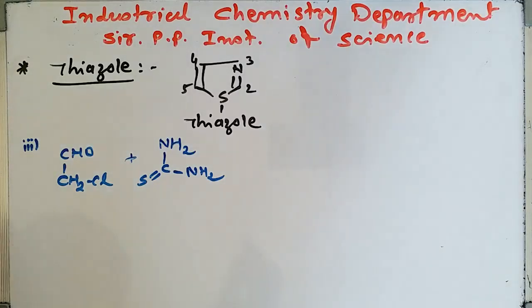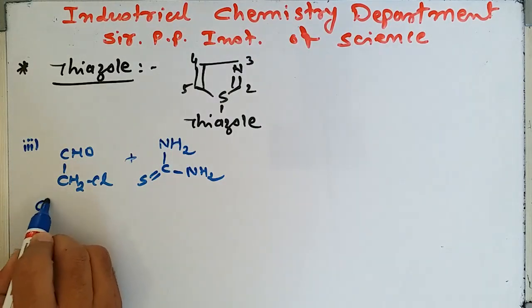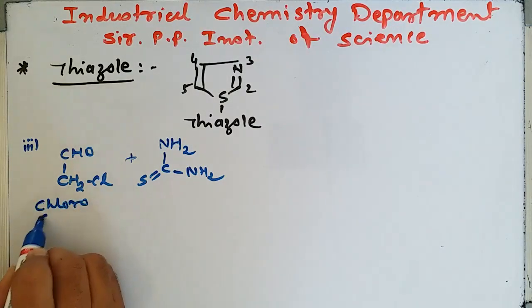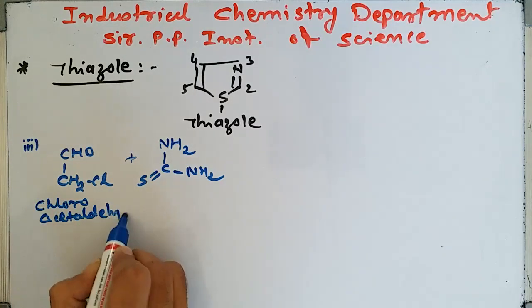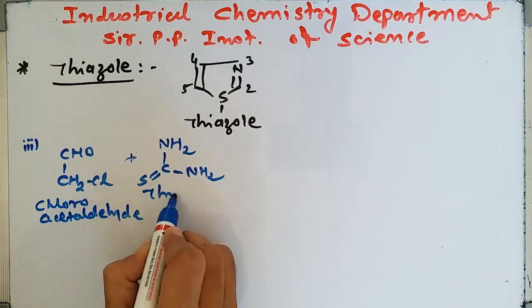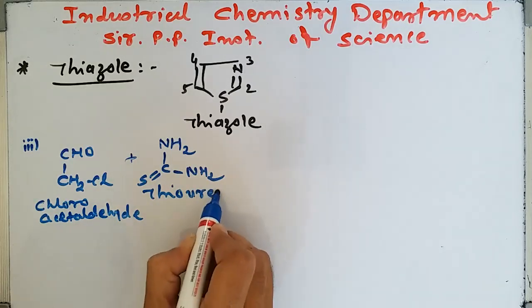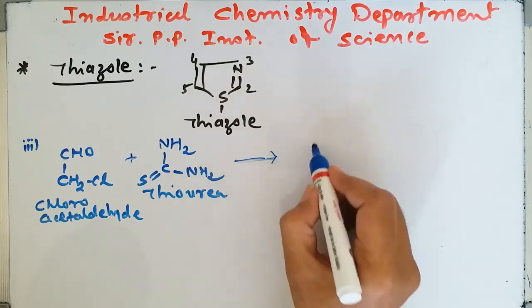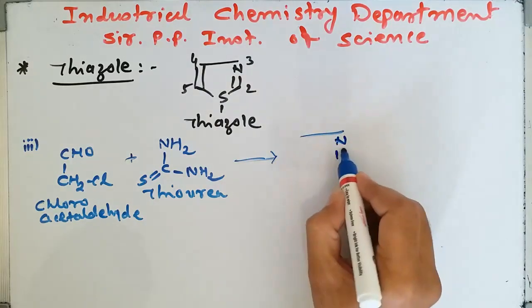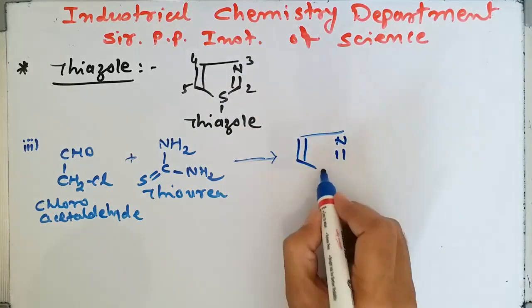The interaction between chloroacetaldehyde and thiourea gives 2-aminothiazole.